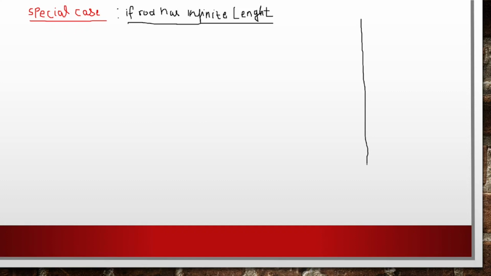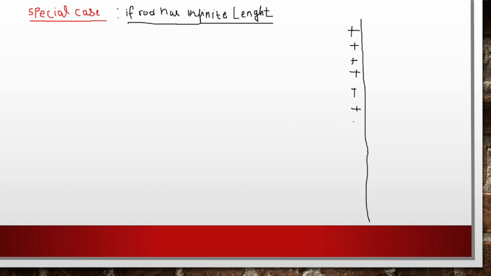Okay. So if the rod has infinite length, so this is our rod and it is going like this. It has infinite length. So this is our rod, and charge is uniformly distributed throughout this rod infinitely.